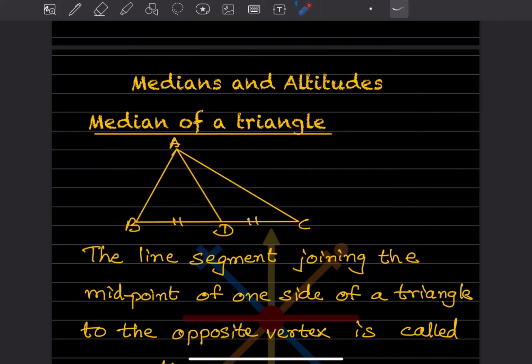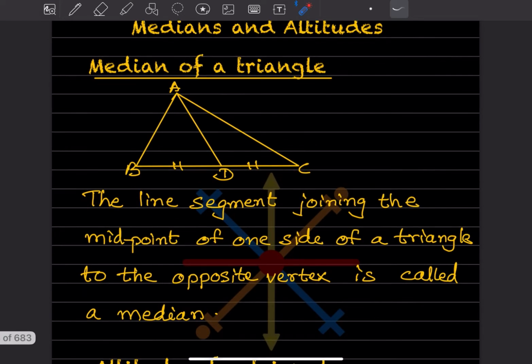So BD is equal to DC. The definition: the line segment joining the midpoint of one side of a triangle to the opposite vertex is called a median.